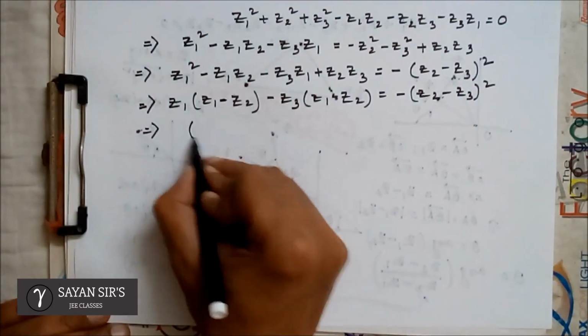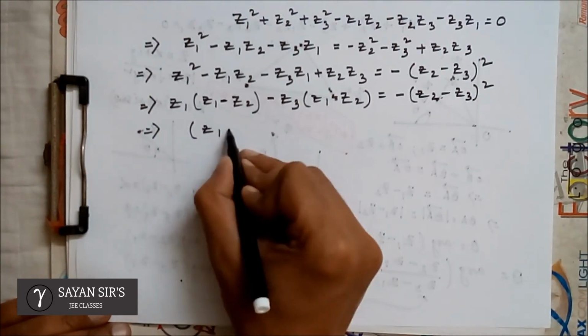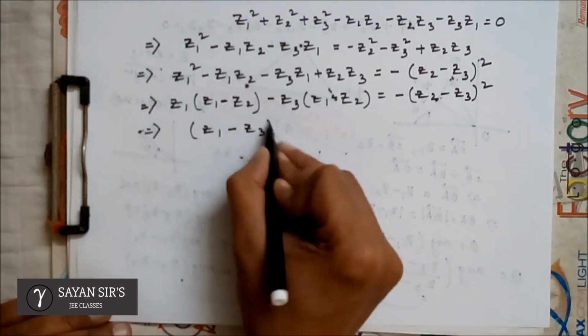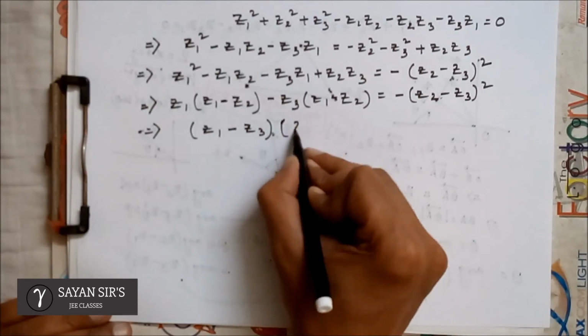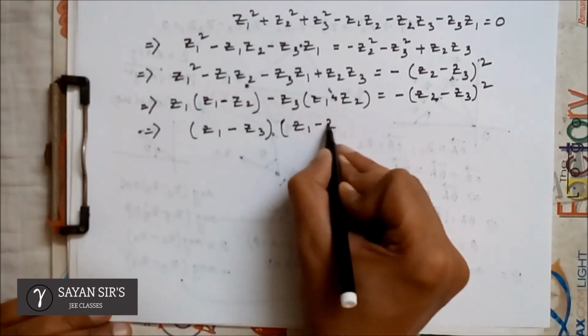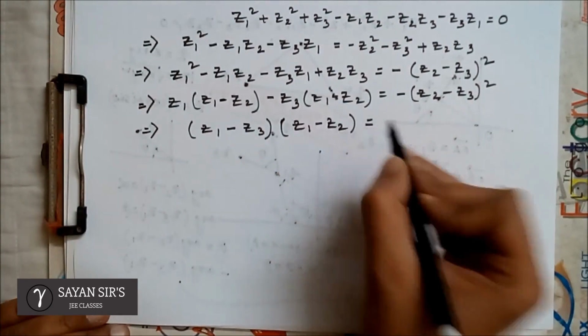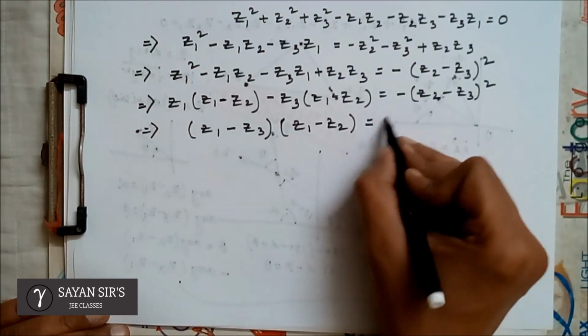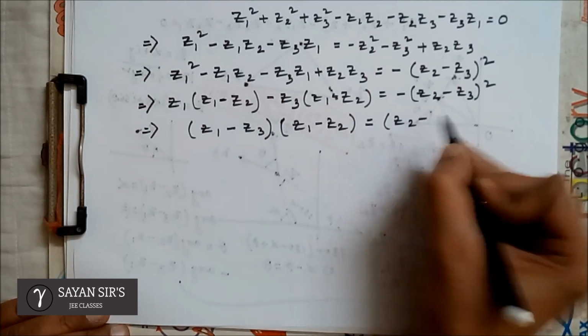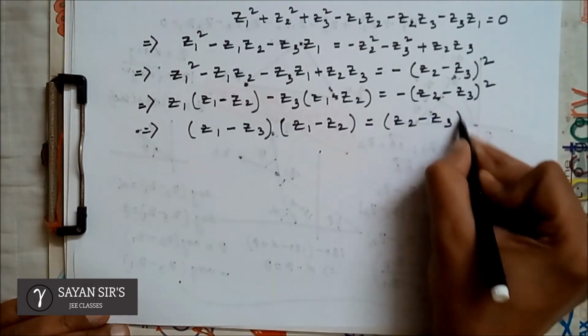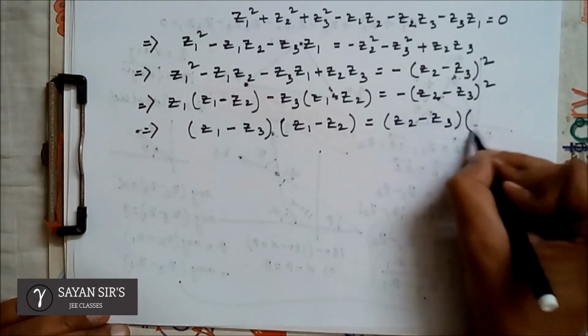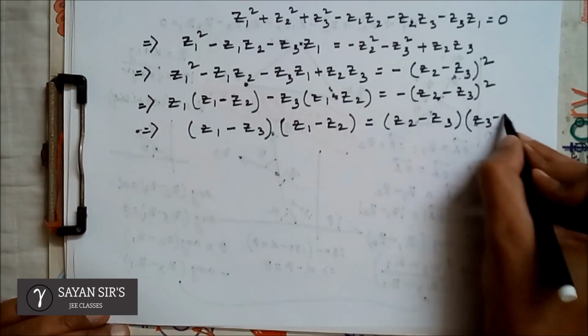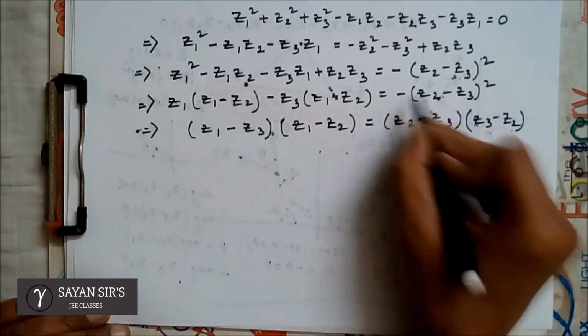So after manipulation, I get (z1 minus z3) times (z1 minus z2) equals, let me write this in a slightly different way. I'll write this as (z2 minus z3) times (z2 minus z3), but not quite, (z3 minus z2), because of this negative sign.